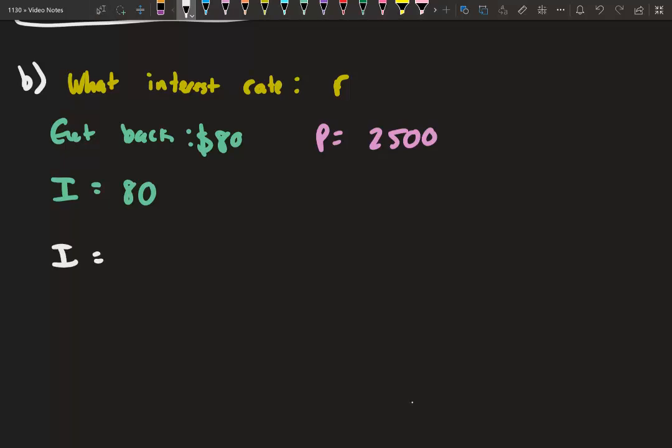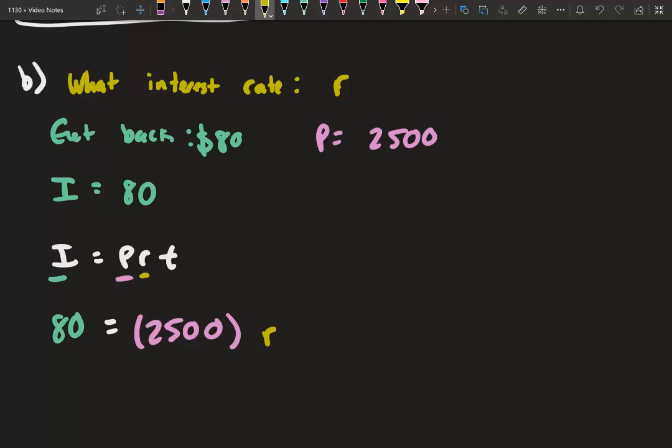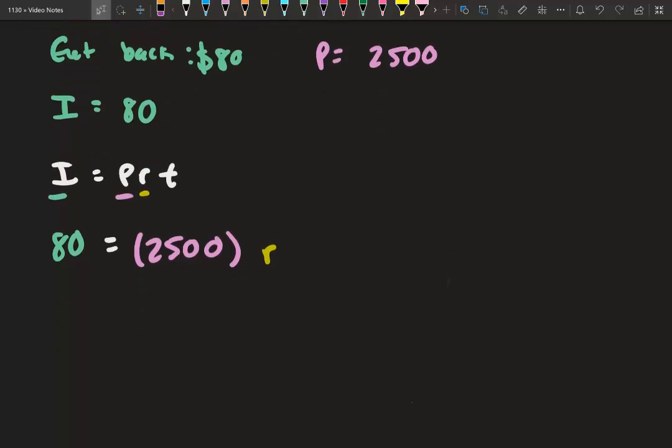So because we have I, we have R, we have P, we technically have a T, we can use I equals PRT. So our I is 80. How much money we're putting in is 2,500. Our rate, we don't know it. That's actually what we're trying to find. And our time is 1. We don't have to put in time if it's 1. So let's solve for R. In order to solve for R, we'll divide by 2,500.